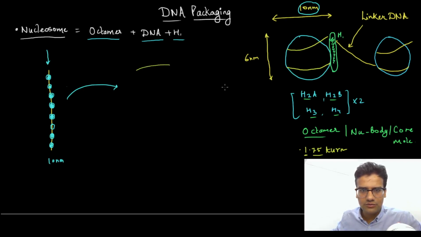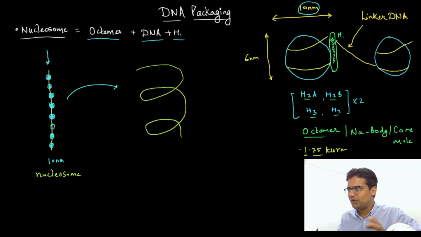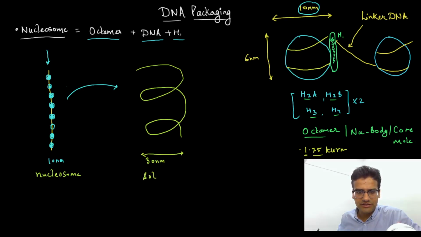Gradually this histone protein causes turns, and this DNA would be present in this form, and this model is what we call solenoid. So this is the 10 nanometer nucleosome, and it is converted into another structure which is 30 nanometer wide, and this structure is what we call solenoid.